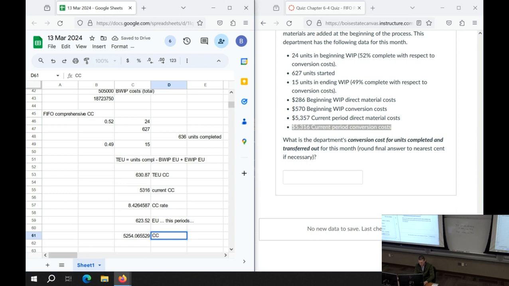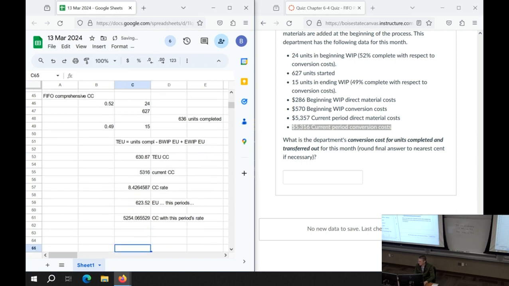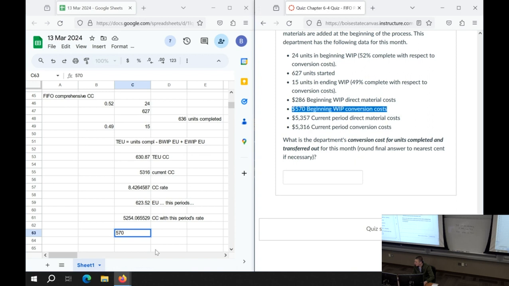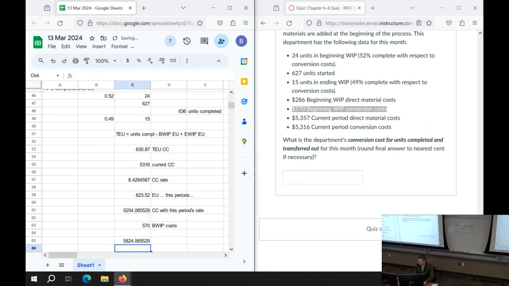So this is conversion cost with this period's rate. And then we need to add back in 570. Now back from orbit is this 570. We should be able to add that. That should be our total conversion cost of units completed and transferred out.